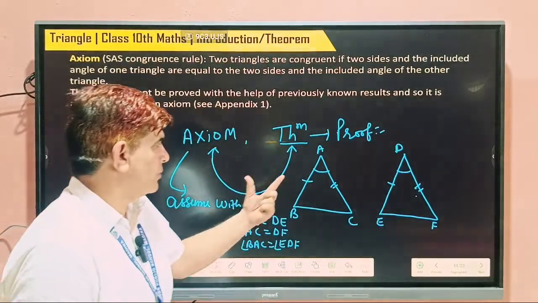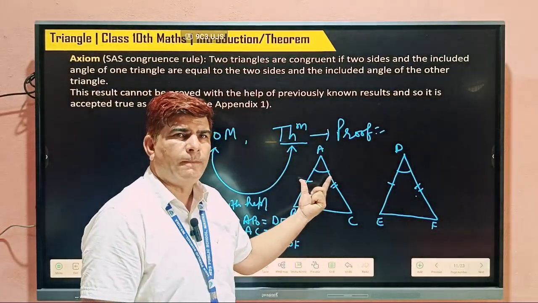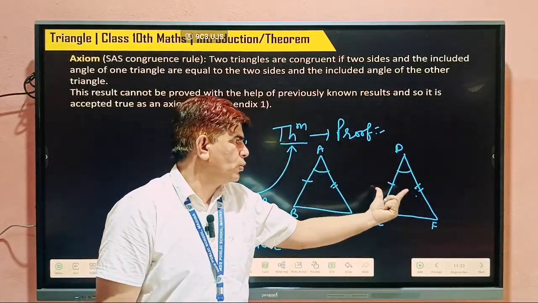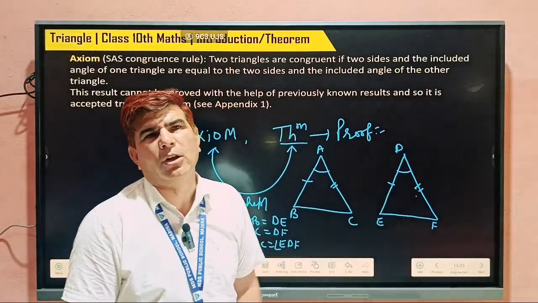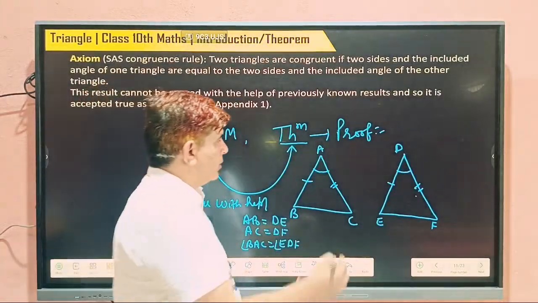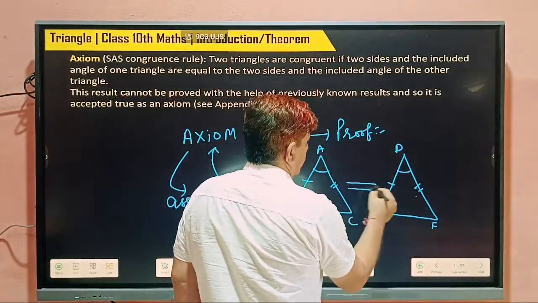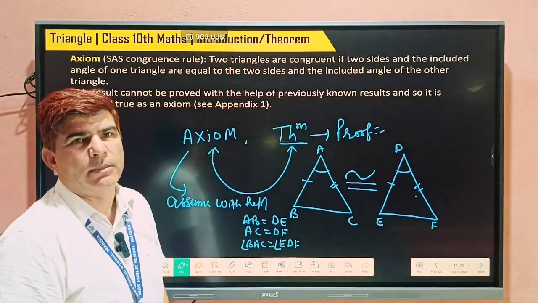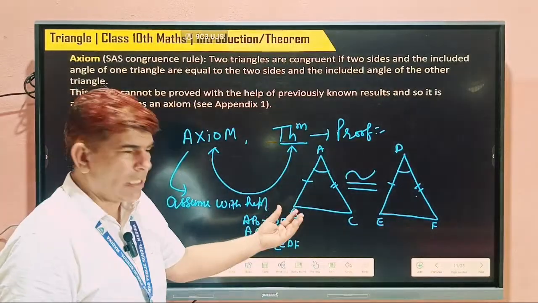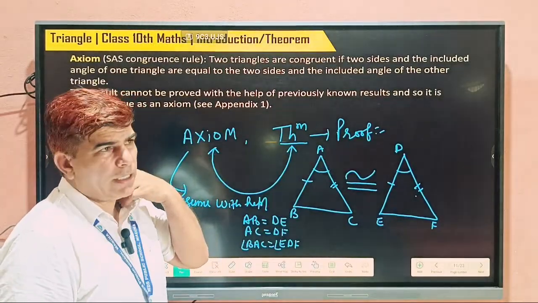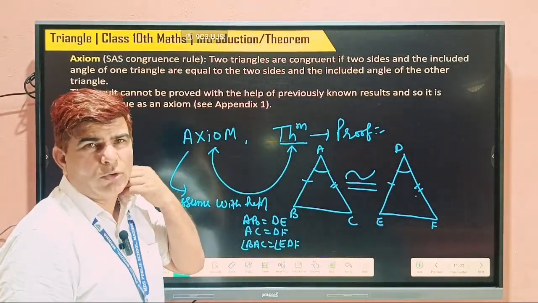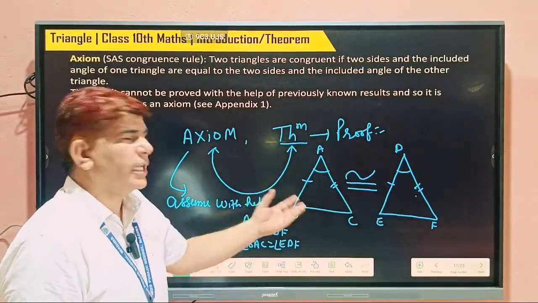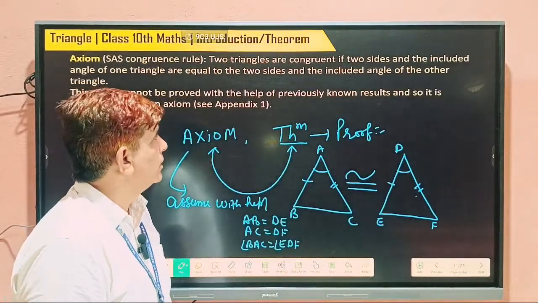So, saying it like this: if two sides and the included angle of a triangle are equal to the two sides and included angle of another triangle, then the two triangles are congruent. This is our axiom. So we can start with this. This we already know. So on the basis of this axiom, we can prove the remaining theorems.